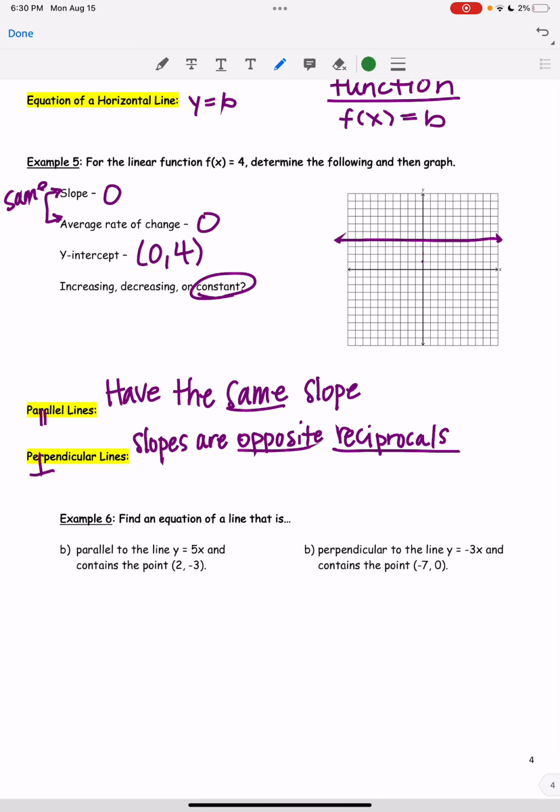So for example, two-thirds and negative three-halves. One is positive, one is negative, and then we're flipping that fraction. Another example would be negative 1/5. The opposite would be positive 5, because that'd be positive 5 over 1. So positive 5.